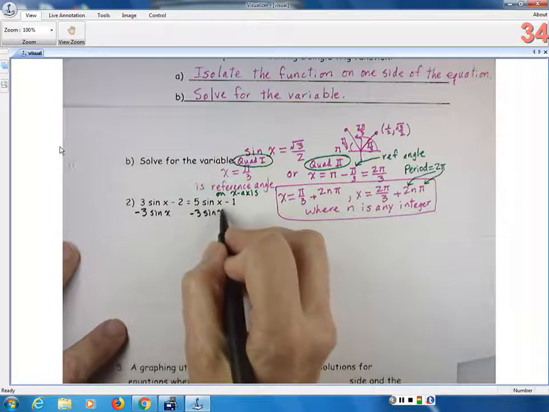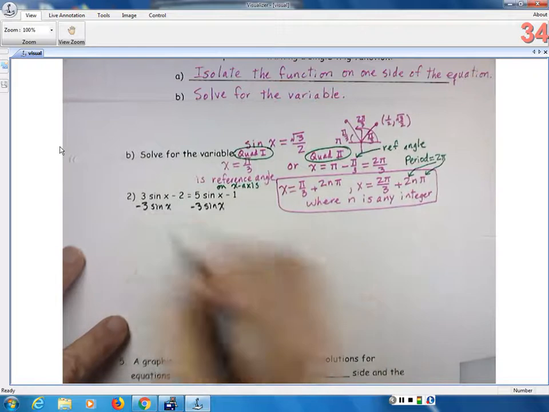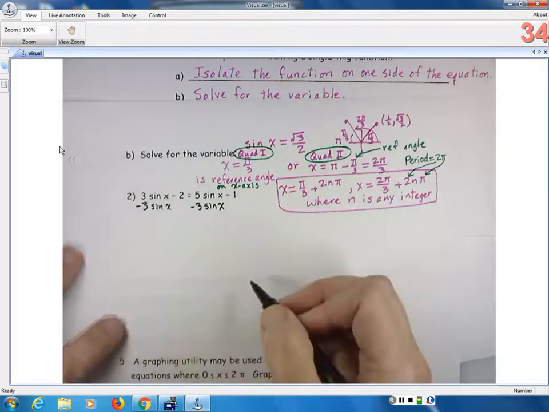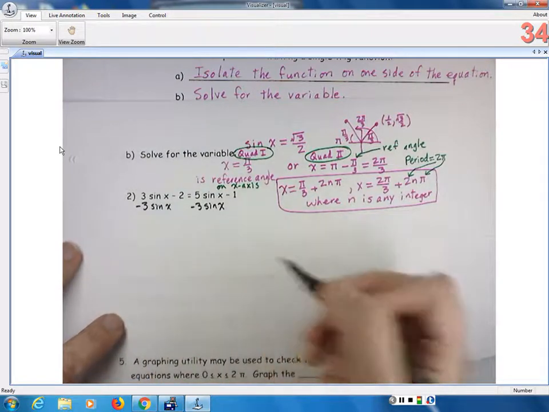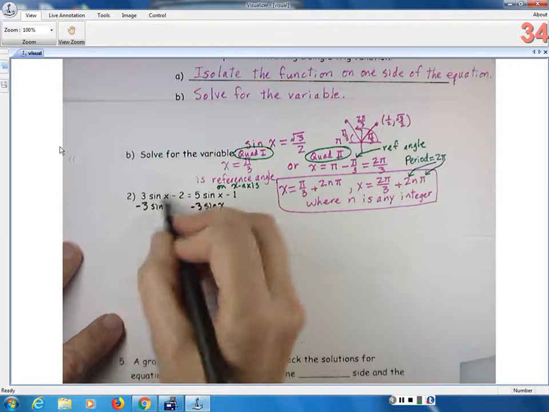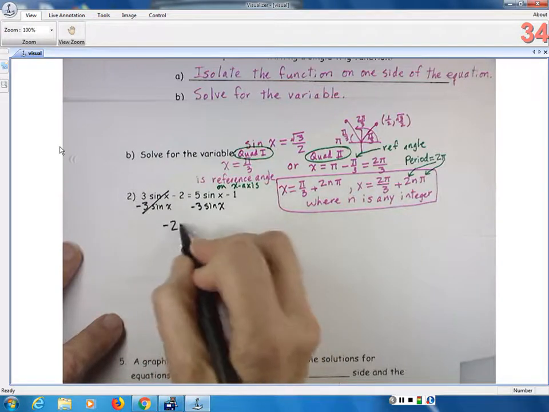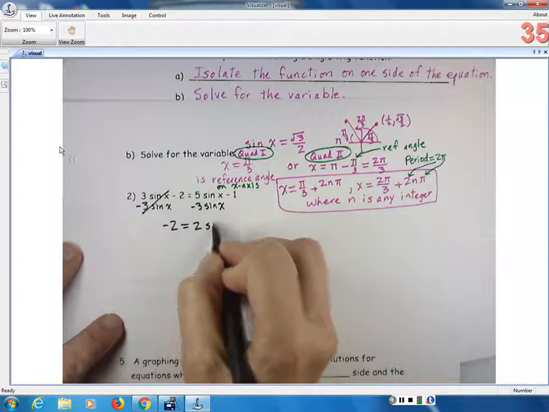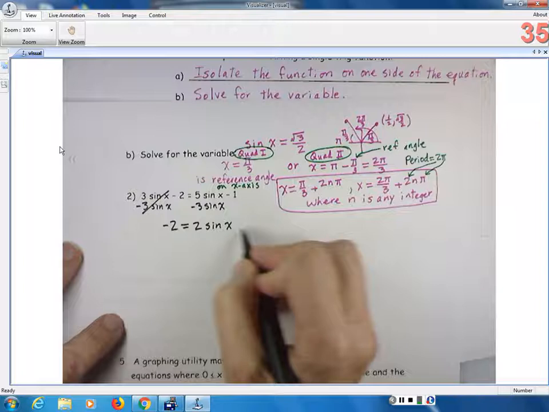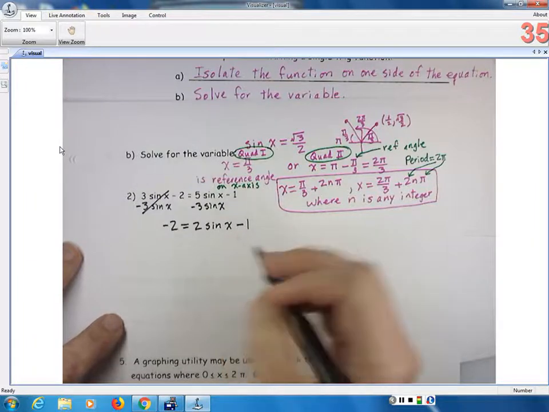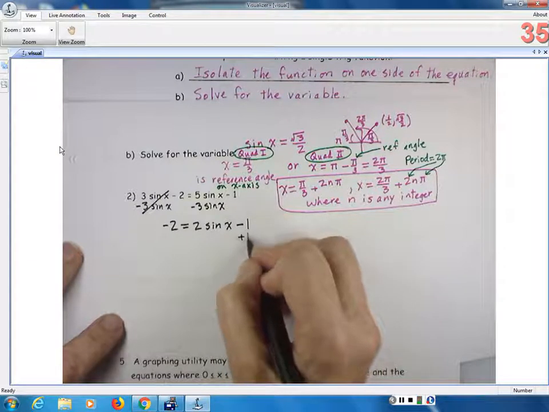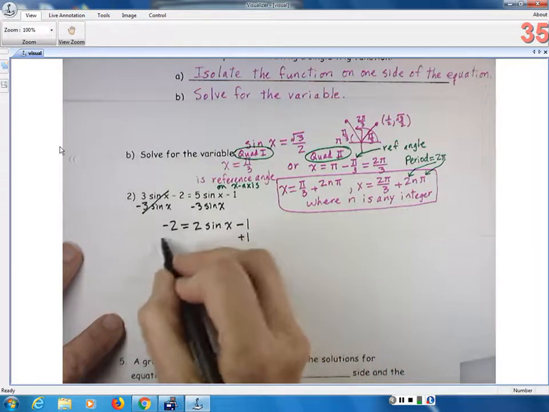It's just like solving an equation: pretend sine x is the whole variable at this point, and you're getting that by itself on one side. You get minus 2 equals 2 sine x minus 1. Now I want to add 1 to both sides to get the sine by itself.